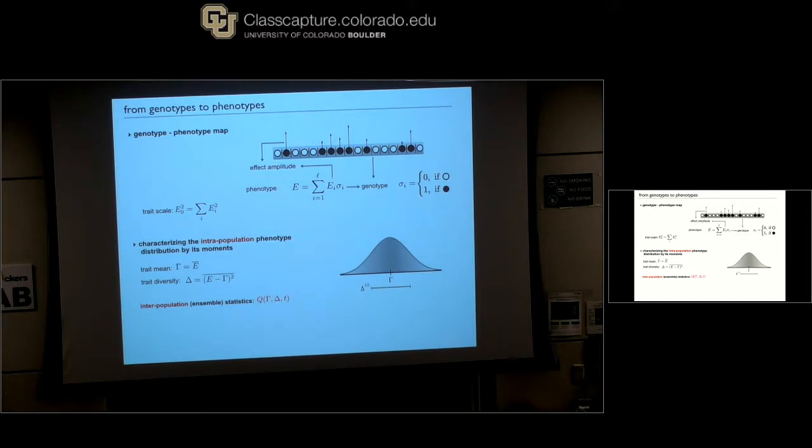If it's Gaussian, you can truncate this at the second moment. If it's more complicated, maybe you have to go to higher moments. Life becomes complicated. So the whole formalism works as, okay, I characterize intra-population phenotype statistics, and I look at the evolution of these statistics over time, and look at ensembles of populations and how these statistics vary across ensembles of populations. It was the exact same thing we did before.